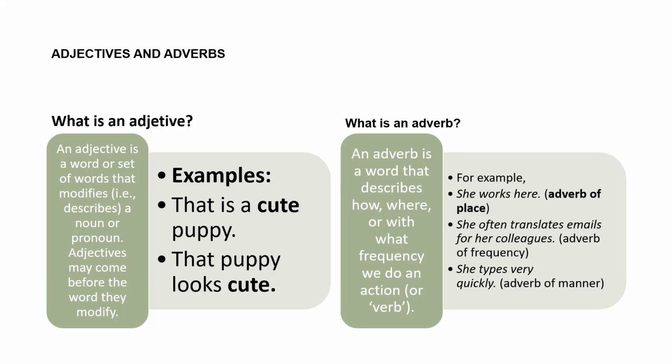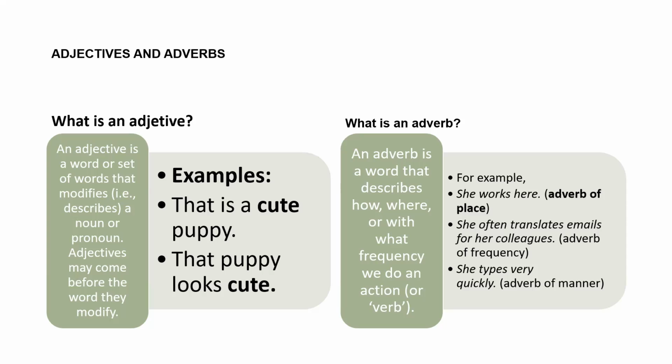The next example is "She often translates emails for her college." In this case, we have an adverb of frequency, "often." We use this adverb of frequency to indicate with what frequency we do something. And the last, "She types very quickly."